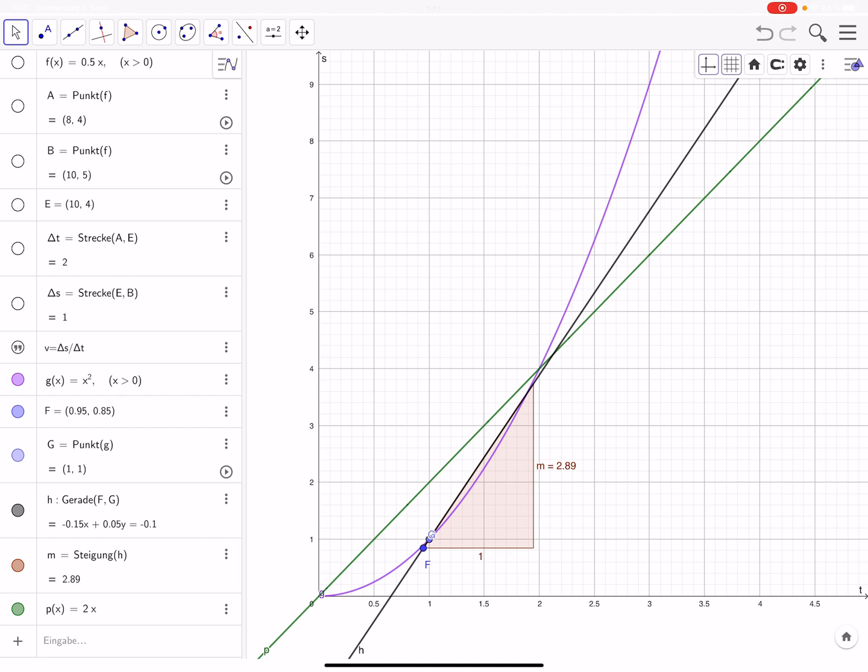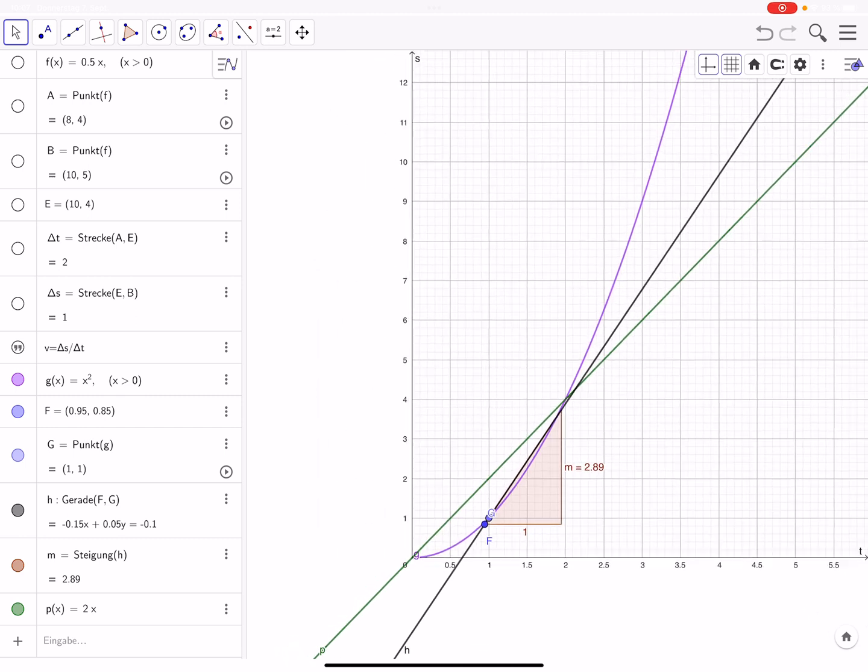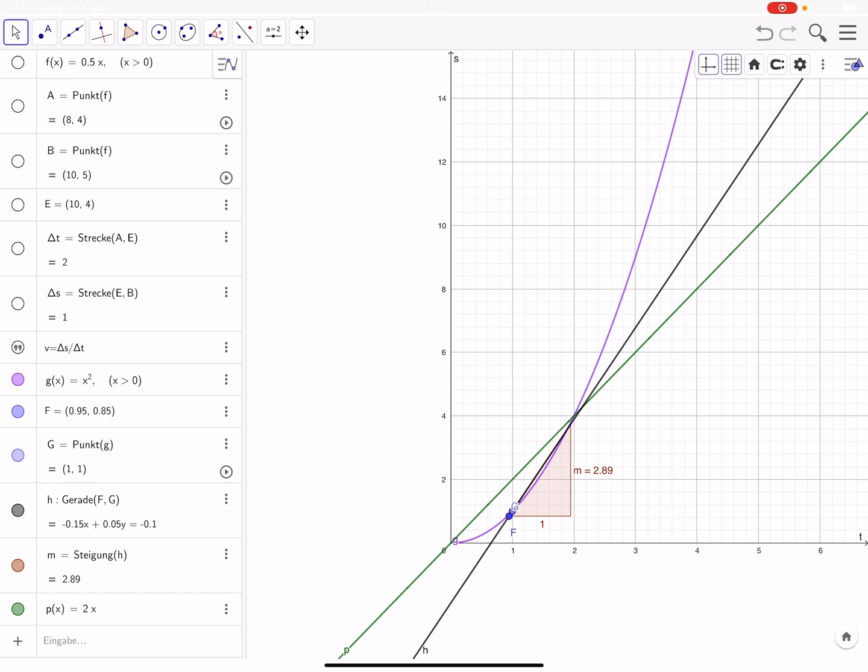Here obviously the slope is 2. So that means that we have a constant acceleration of 2 meters per square second, or whatever that is.